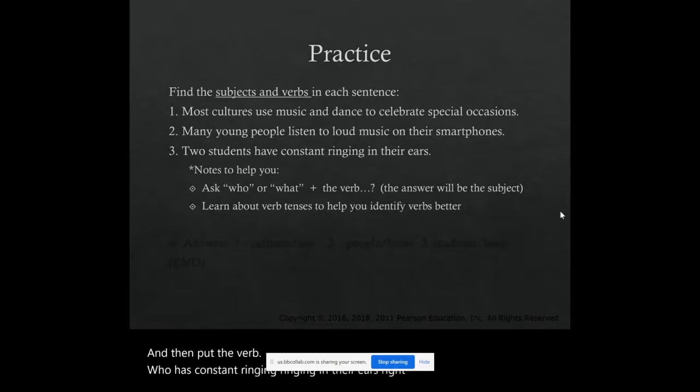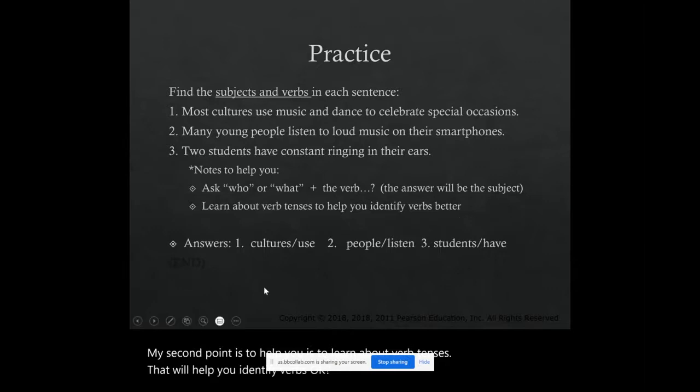Who listens to loud music? Who or what uses music and dance to celebrate? So we ask a question that will help us find the subject. And then my second point is to learn about verb tenses. That will help you identify verbs, okay?